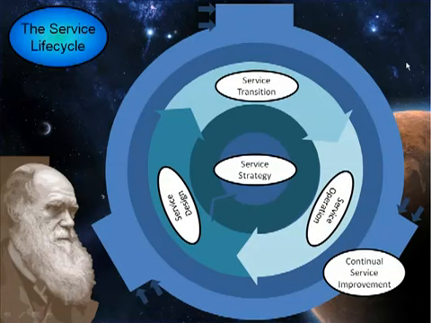The blueprint is then used by service transition to implement the service. And finally, we end up in service operation, which is all about maintaining and supporting the service and providing the services to the users. So it's really about maintaining the status quo and making sure we can deliver services at an agreed level to the business.